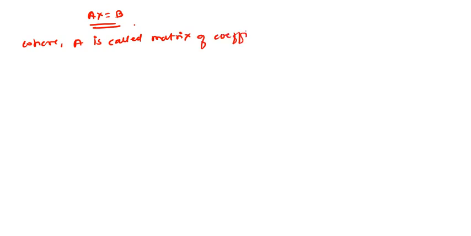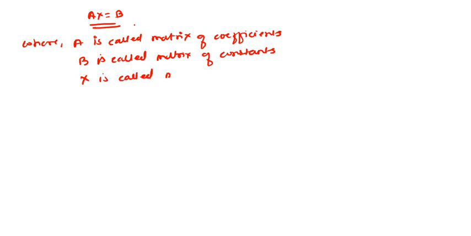We get the system as AX is equal to B, where this A is called the matrix of coefficients, this B is called the matrix of constants, and this capital X is called the matrix of unknowns, unknowns or variables.